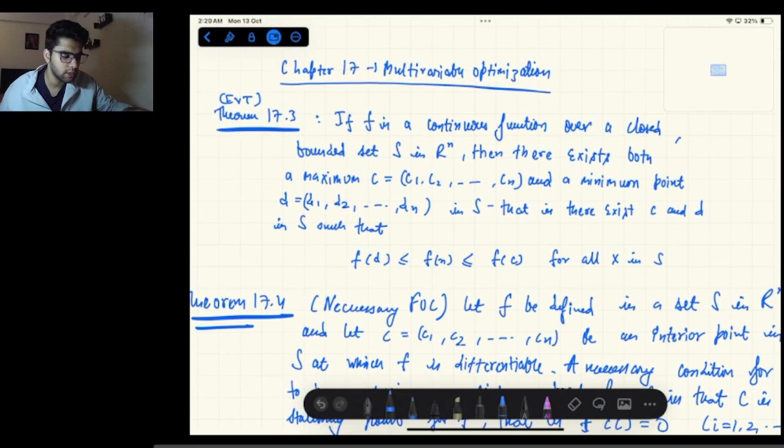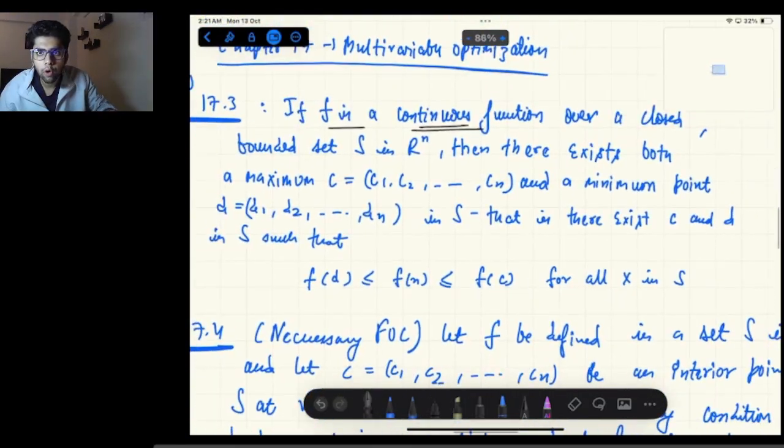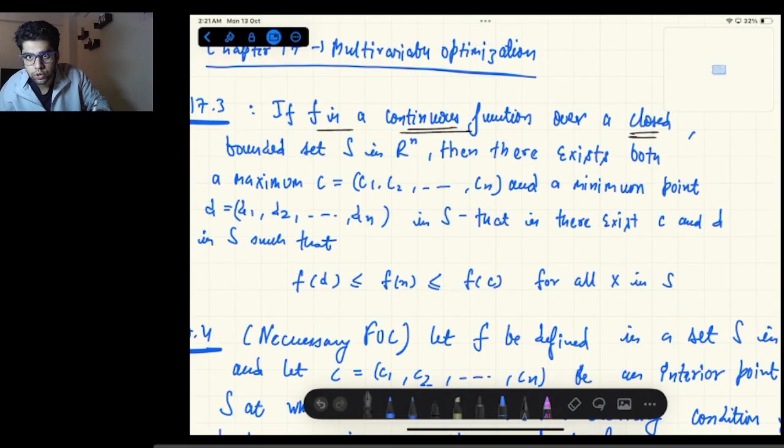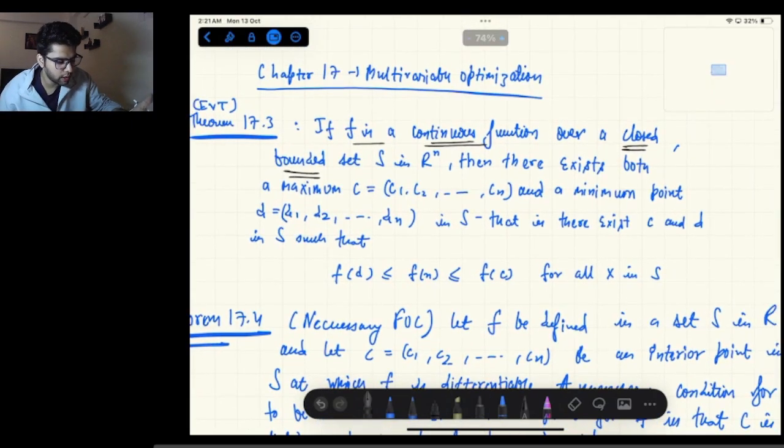Theorem 17.3 is the extreme value theorem, which says that if f is a continuous function over a closed bounded set S in Rn, where Rn means n-dimensional vectors, then there exists both a maximum and a minimum point.